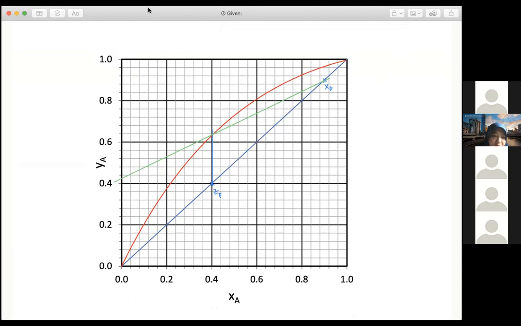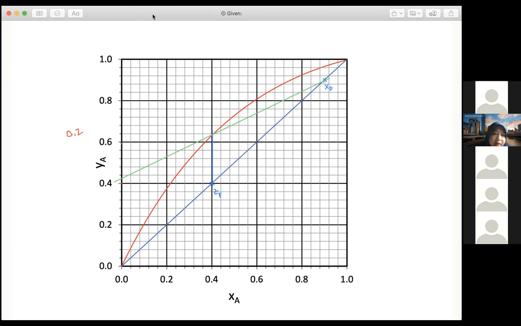So from here to there is 0.2. Okay, so that means from here to 0.2, one small block would be about 0.05, isn't it?